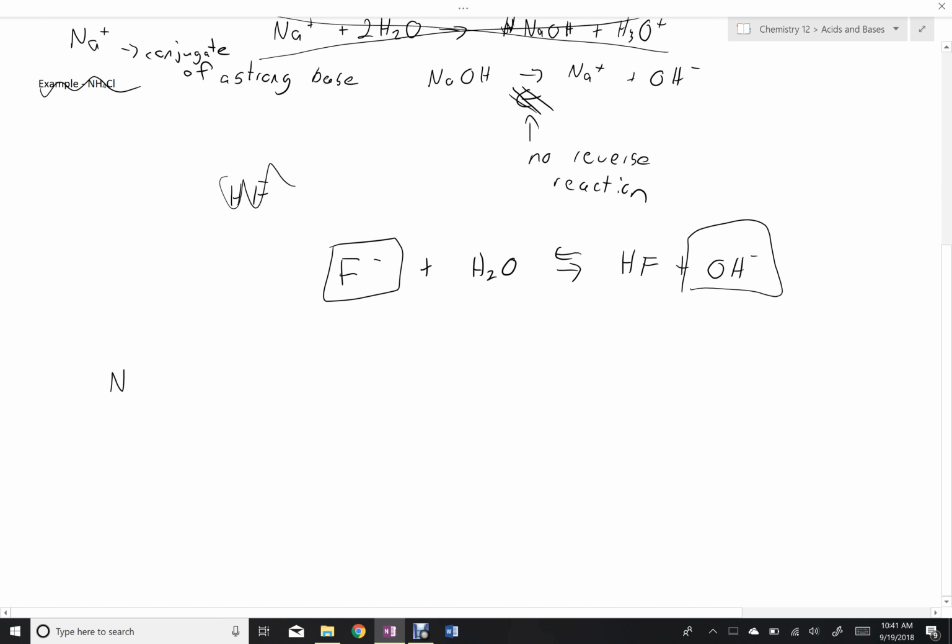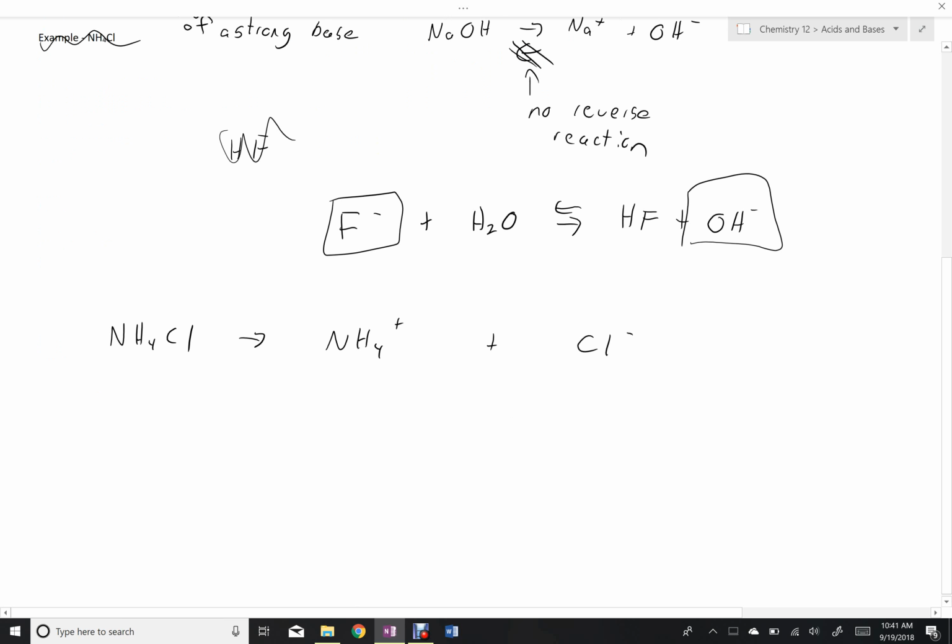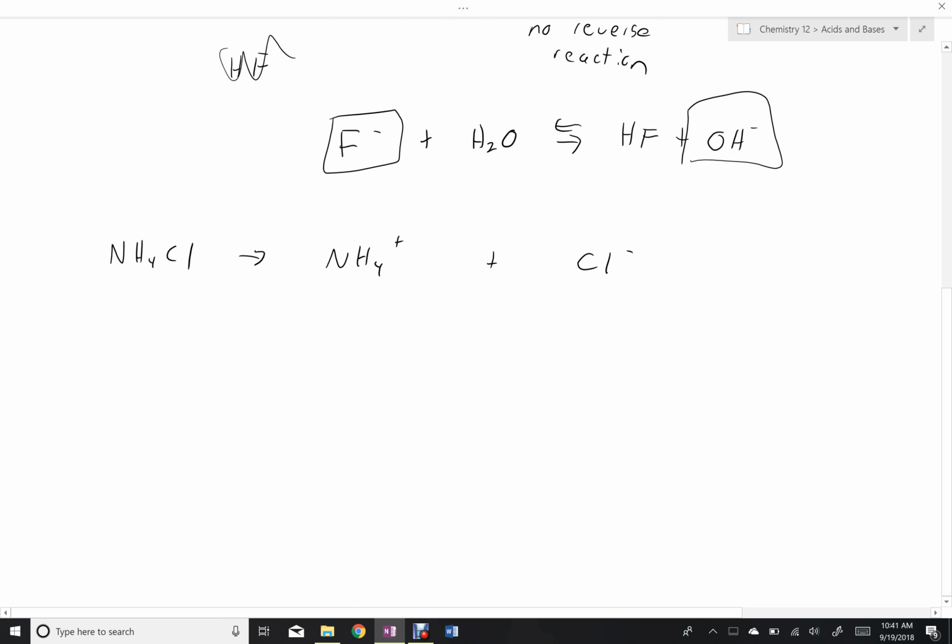Let's look at NH4Cl. Again, I don't see any direct acids or bases in this, but I can imagine both of the ions that make up this salt as conjugates to two different acids or bases respectively. Cl-, for example, is the conjugate or the ion associated with the acid HCl. Because HCl is a strong acid, that means that if it sees water, it reacts to produce H3O+ and Cl-.